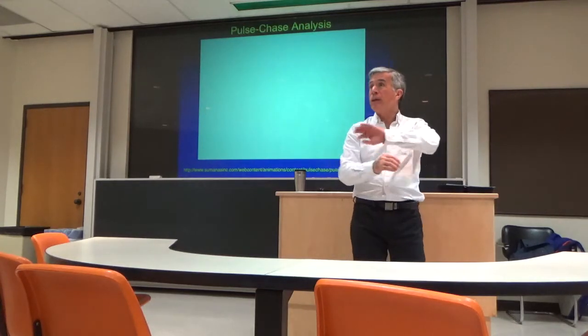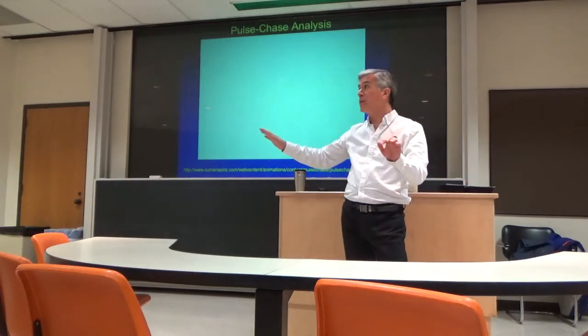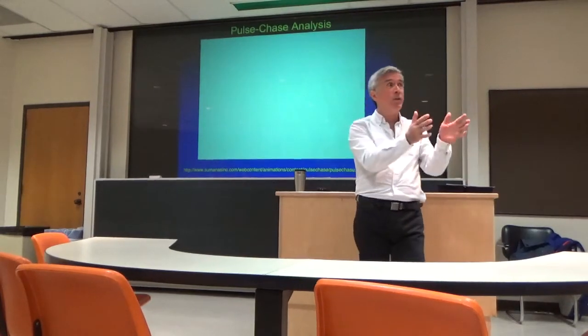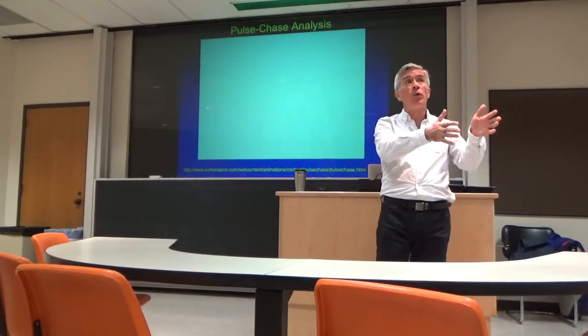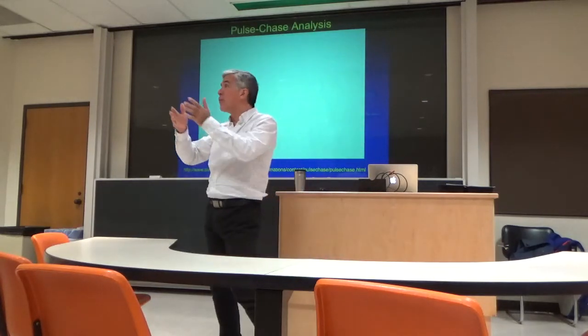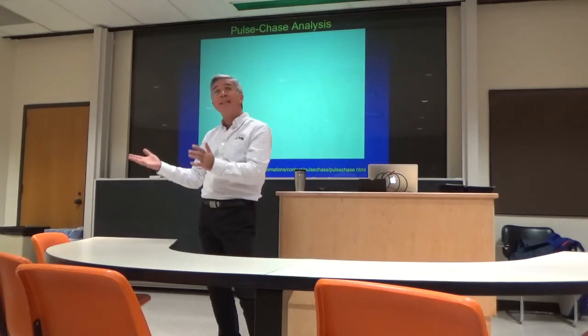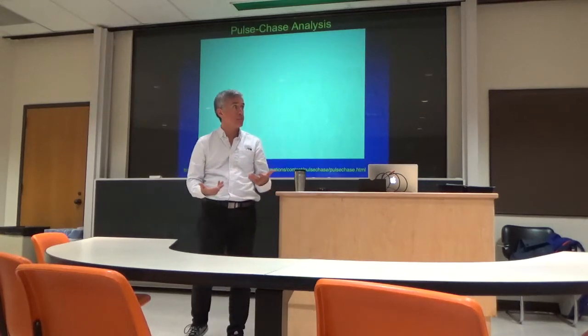We are not going to be looking at the students that came before. We're not going to look at the students that came after. We're only going to be looking at that freshman class. And then we're going to track them as they go from their freshman to their sophomore, etc. years. All right? That's the question you're asking with a pulse chase analysis. All right? Clear?